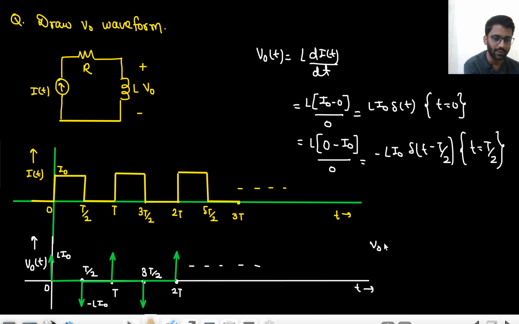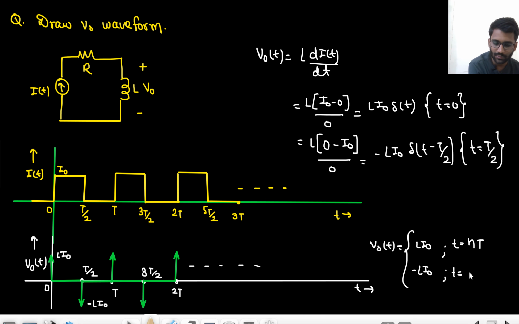So basically your V naught T is L I naught and minus L I naught, for t equals n T, and here it is for t equals (2n plus 1) T by 2.